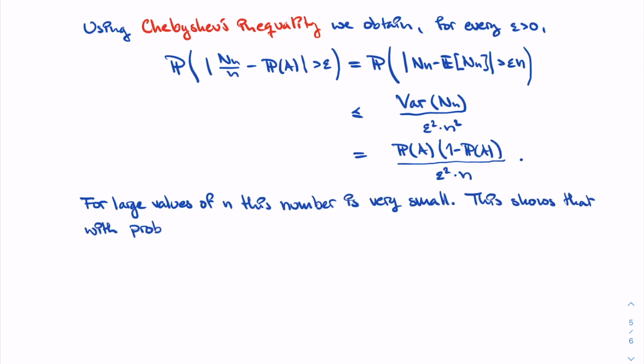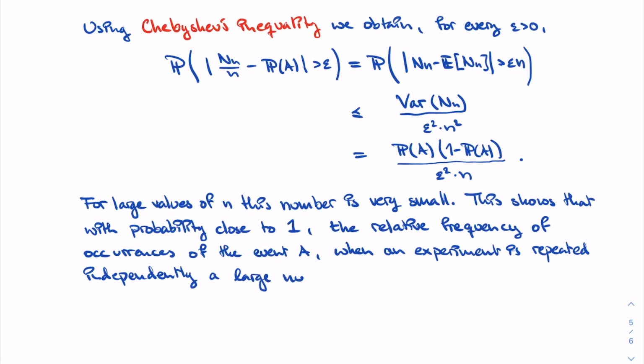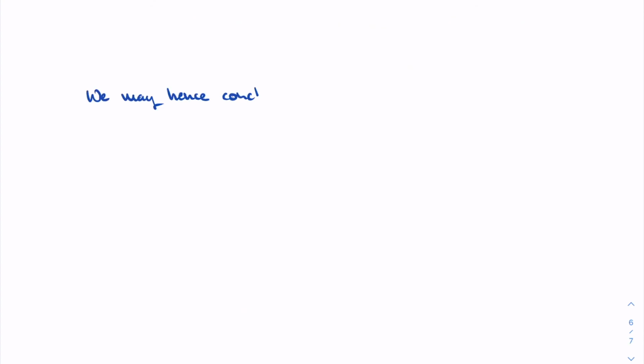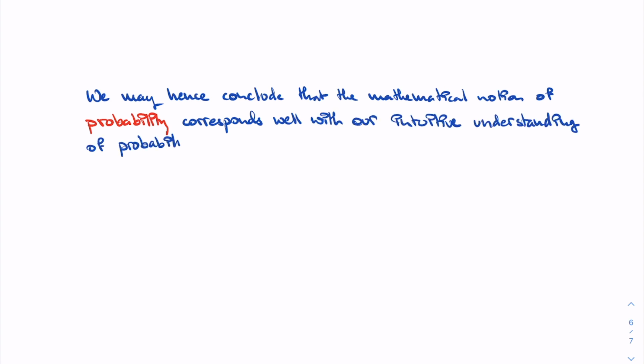This shows that with probability close to 1, the relative frequency of occurrences of the event A when an experiment is repeated independently a large number of times differs very little from the probability of that event. We may hence conclude that the mathematical notion of probability corresponds well with our intuitive understanding of probabilities as relative frequencies of occurrences.